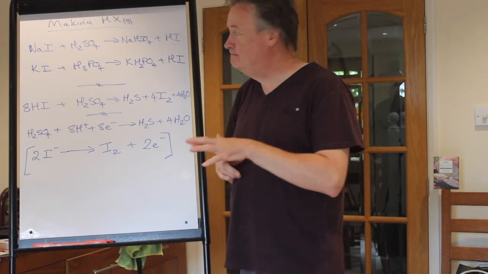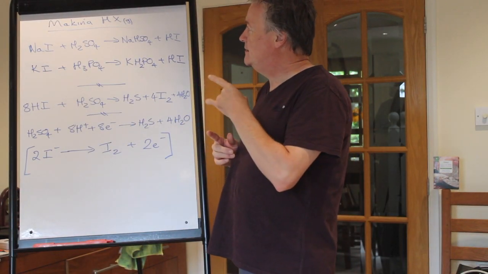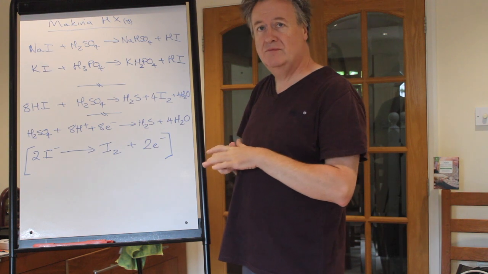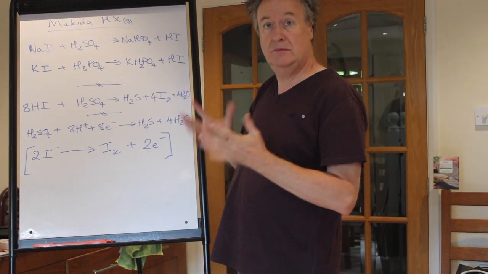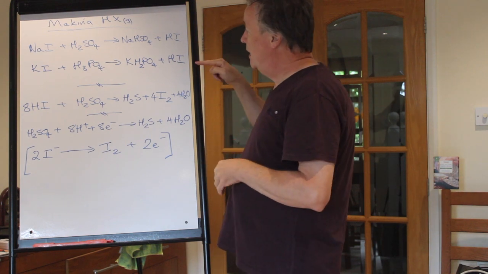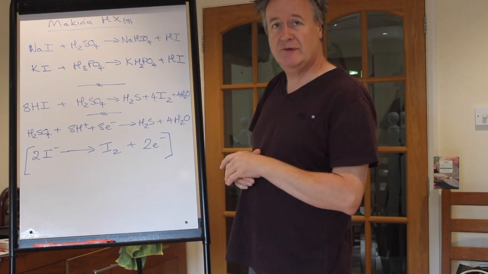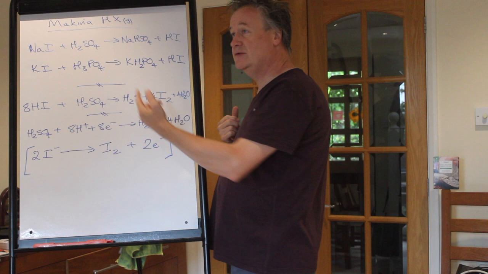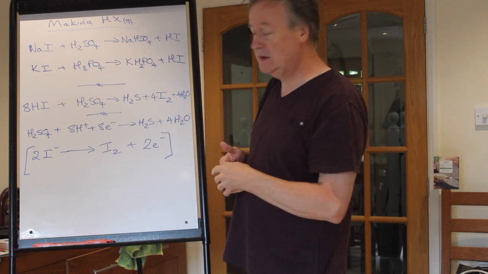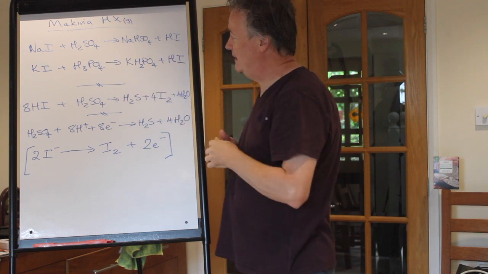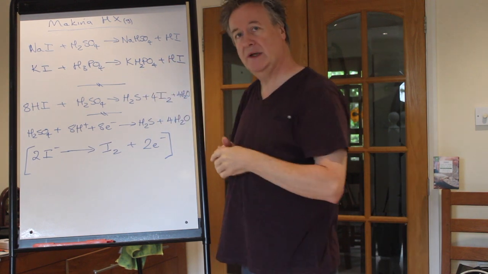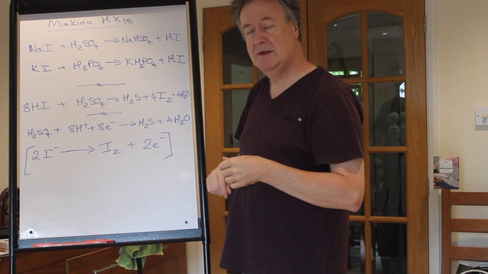Right, last bit. Sodium iodide reacts in much the same way as we said already. I thought I'd put what happens with phosphoric acid up as well. It is literally identical in terms of what goes on. One of the hydrogens is replaced by the potassium, so you get KH2PO4 and HI produced.